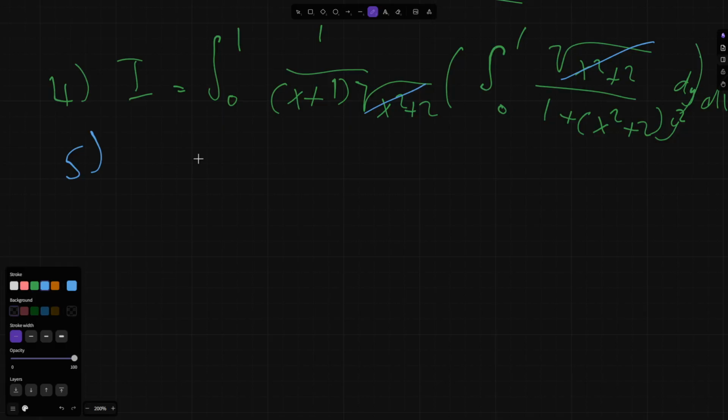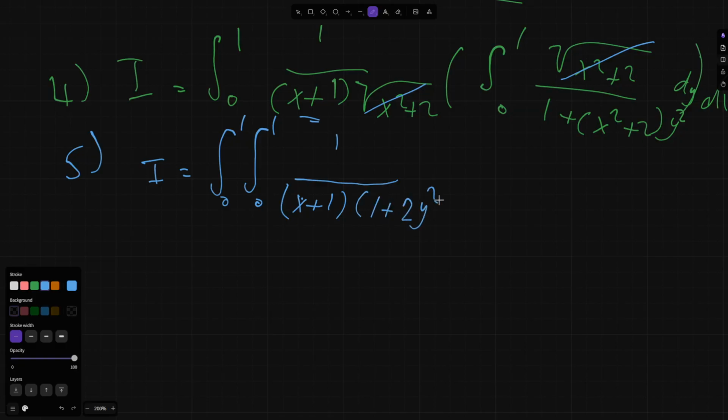The problem cracks open: I is equal to the double integral from 0 to 1 of 1 over (x plus 1) times (1 plus 2y squared plus x squared y squared), all times dy dx.